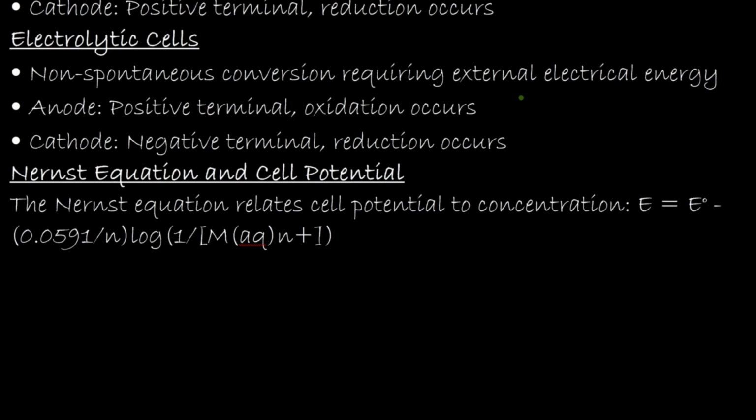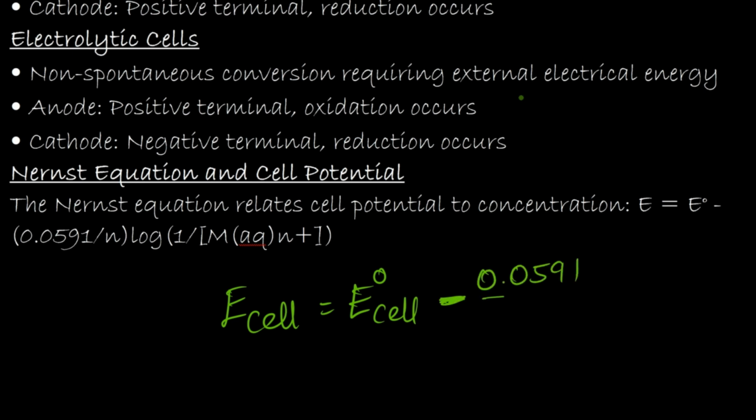The Nernst equation, which is very important in the electrochemistry chapter, I am writing it over here: E cell equals E naught cell minus 0.0591 divided by n log Kc.